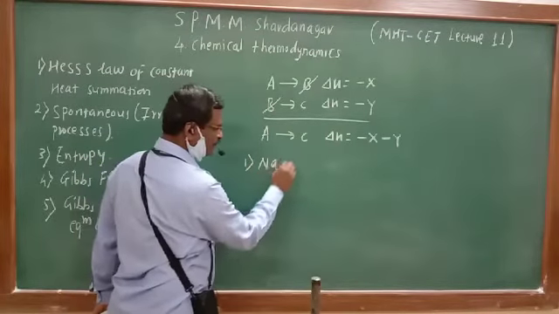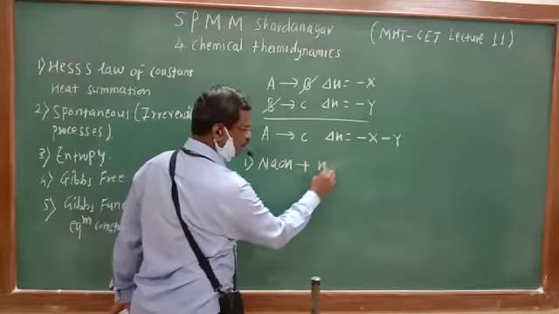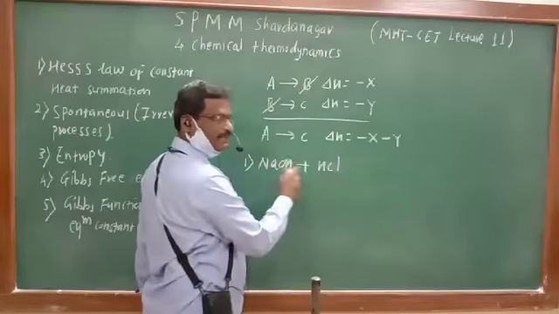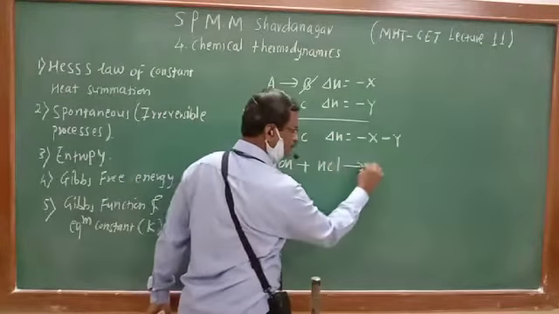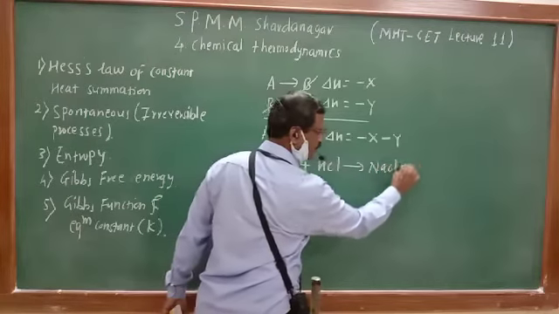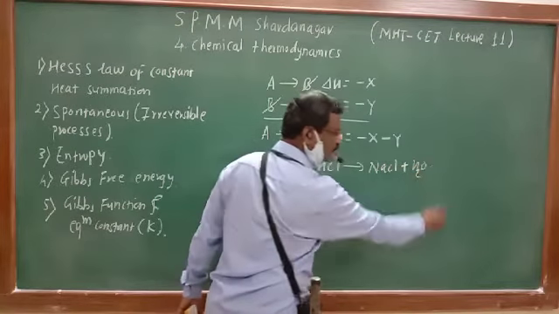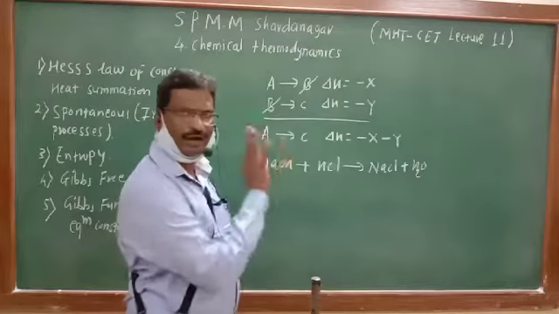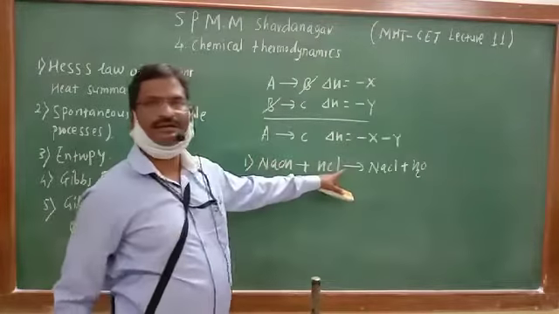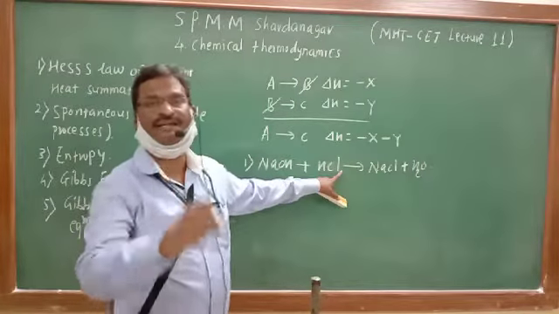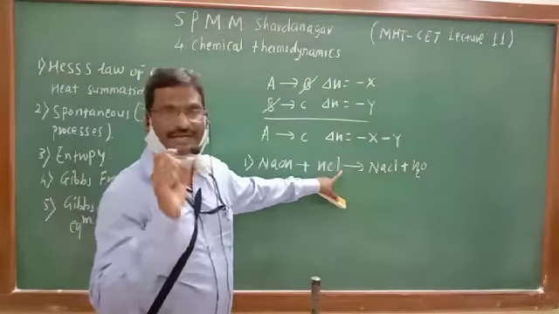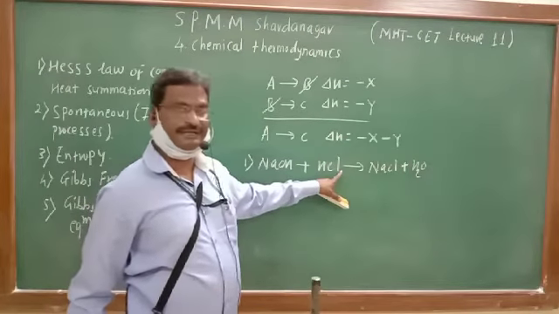Whenever NaOH is added to HCl, acid and base undergo a neutralization reaction to give NaCl plus H2O. Heat is released. This reaction takes place in only one direction, spontaneously, immediately.